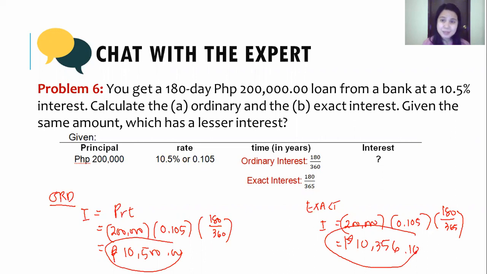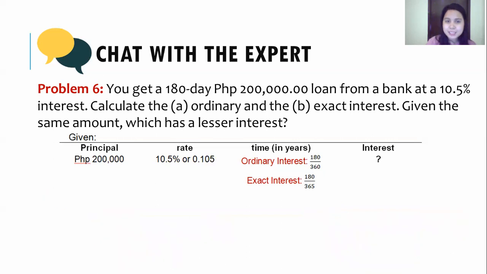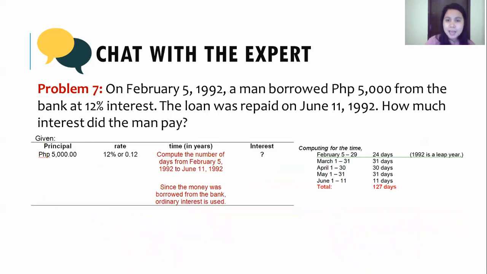So if you ask me at what interest will I invest, if it's a loan, I'll go for exact interest because I'll pay lower. But if it's an investment, I'll go for the higher interest, the ordinary, because it will also give me a better amount. Another concern is, I'll leave this to you, it's on time.